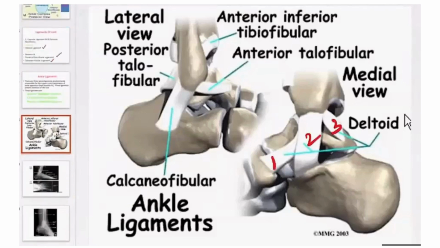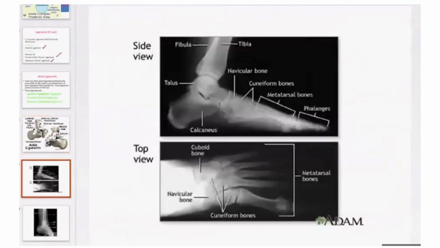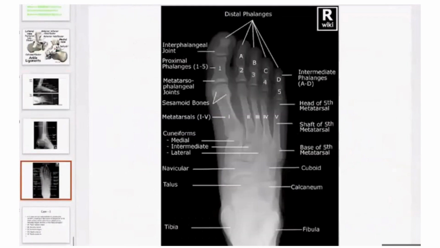A single ligament having three components. So that is the reason why you should know the deltoid. During ankle sprain, not all parts of the deltoid are involved; either a part of the deltoid will be involved. Plain X-ray of the ankle joint showing the foot. I think X-rays you can go through, right?